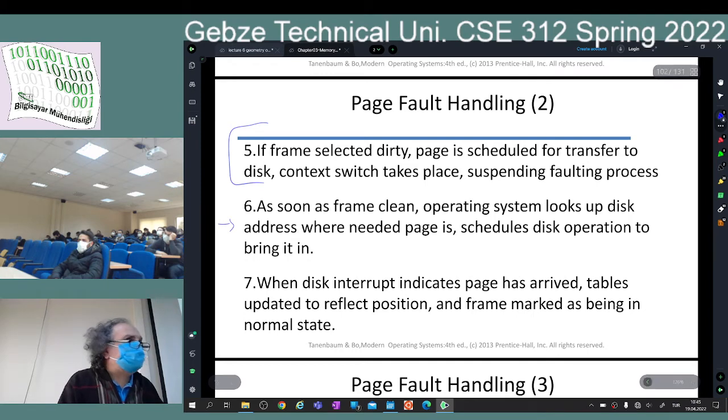How could this happen? The MMU says I can't find this page in my page table, but the operating system says that page is in the memory. Can you explain this? Or maybe it is impossible? But I'm saying that no, it is possible. It could happen.